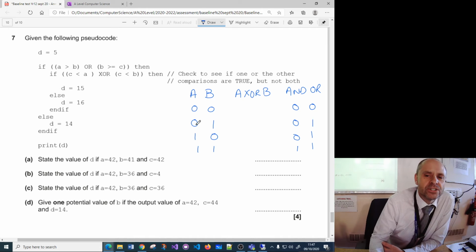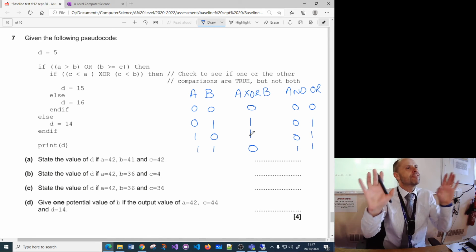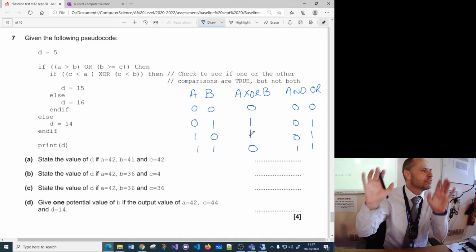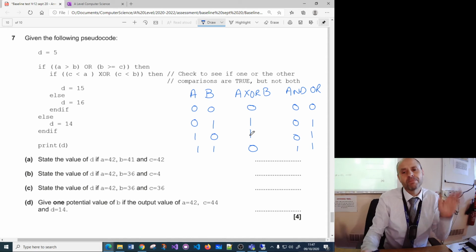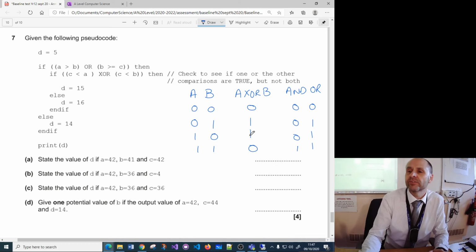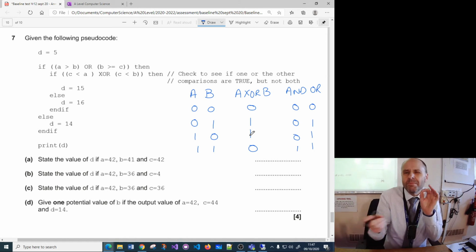And the way it works is, if they're the same, you get a 0. So when you've got two noughts, you get a naught. When you get two ones, you get a naught. But when they're different, you get a 1. So if you've got a true and a false, then the output of exclusive OR will be true. If you've got a false and a false, it's going to be false. If you've got a true and a true, it's going to be false. Okay? So you might have needed that, but not to get all the answers.